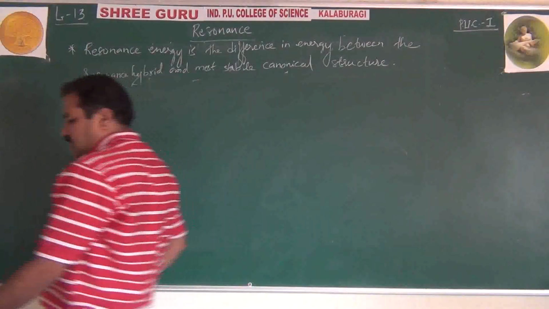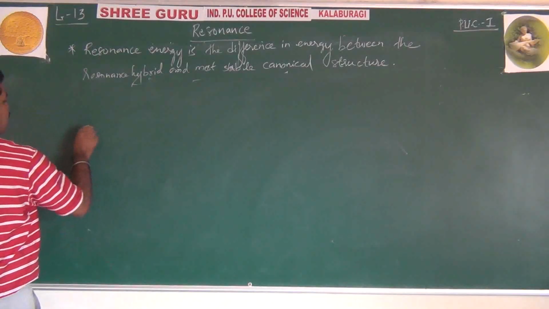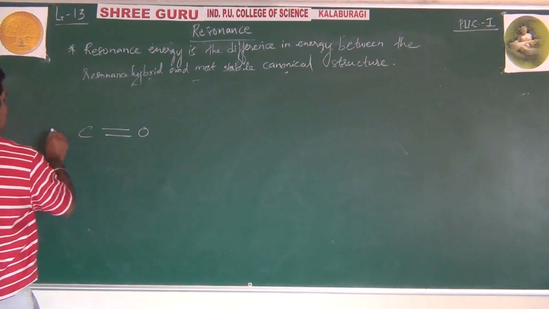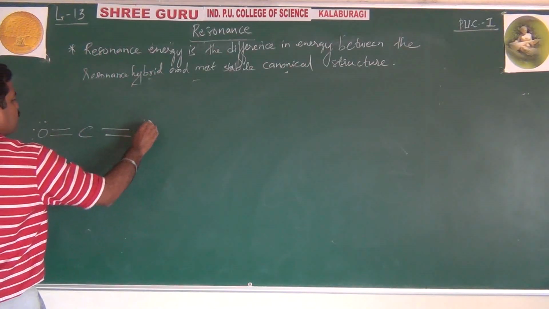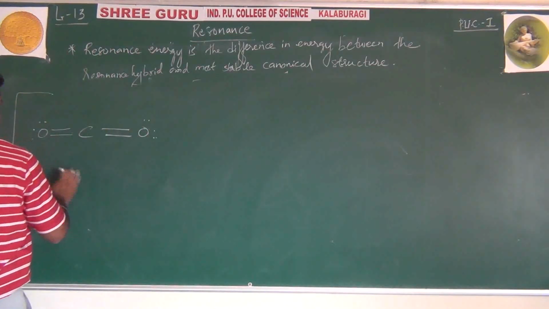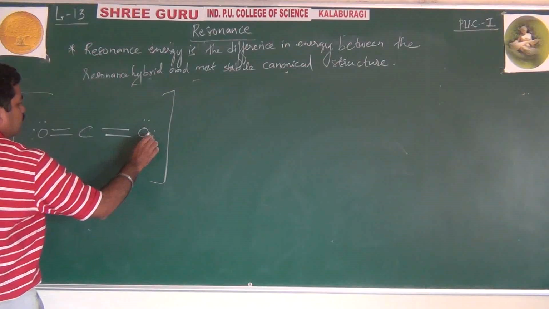This is CO2, carbon dioxide: C double bond O, double bond O, with 2, 4, 6, 8 electrons each. Now this is completely stable. This is structure 1.